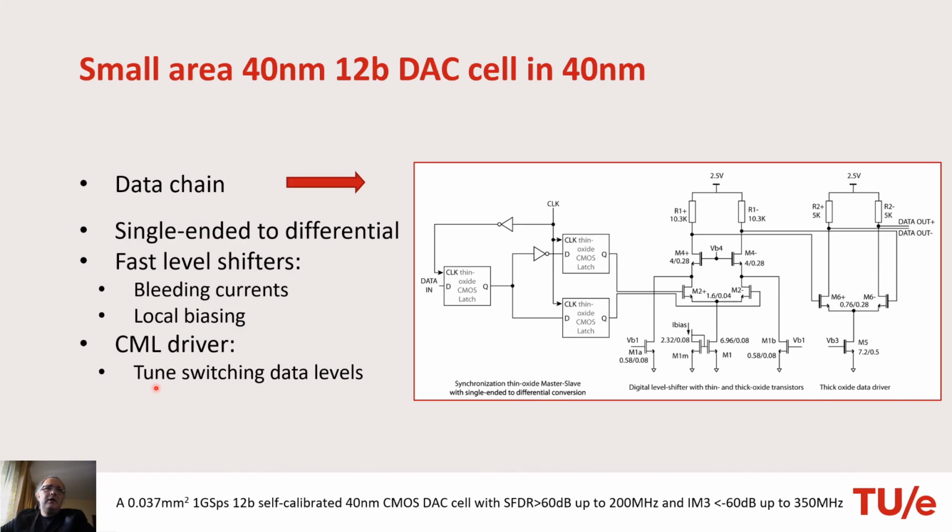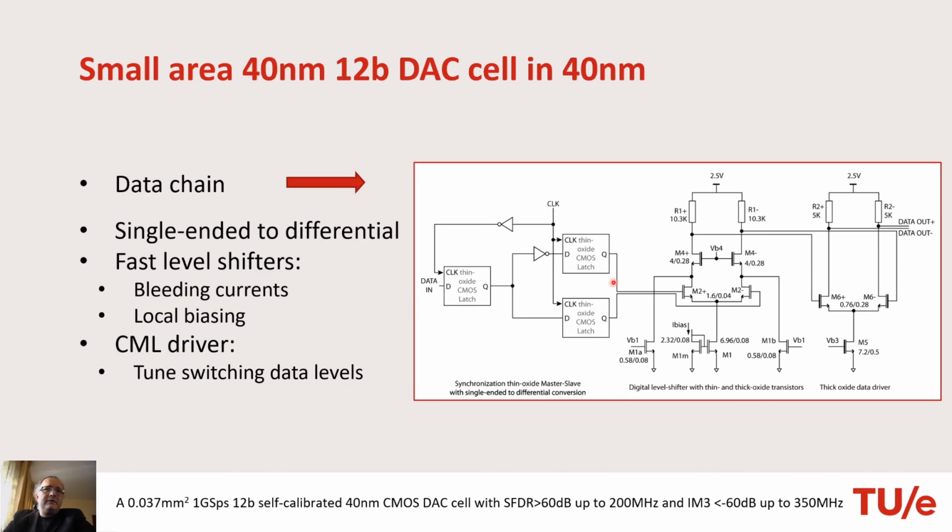Then we have the digital train, starting from a digital bit, which is in the digital domain, single-ended. Our first task is to translate this into a differential signal, and we do this inside the master-slave latch, synchronization latch, and we split it here, and then we align with the clock. All this is in thin oxide, so that the timing is very accurate.